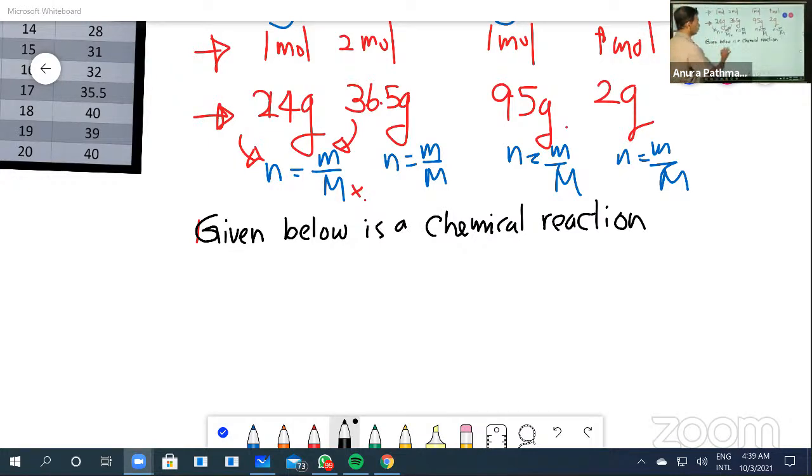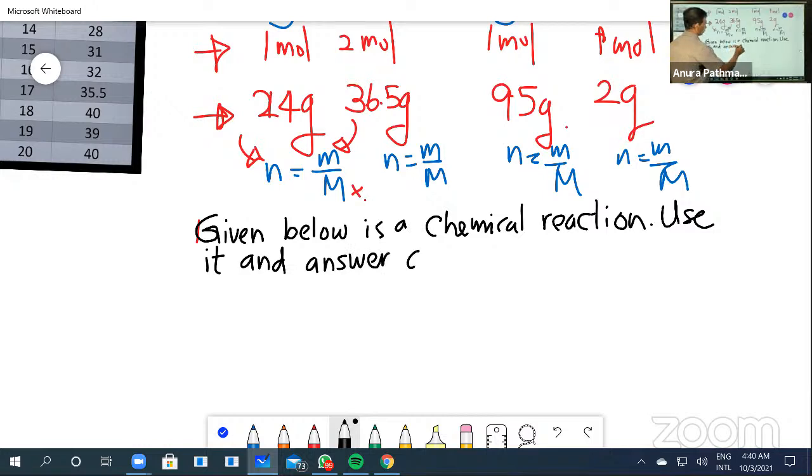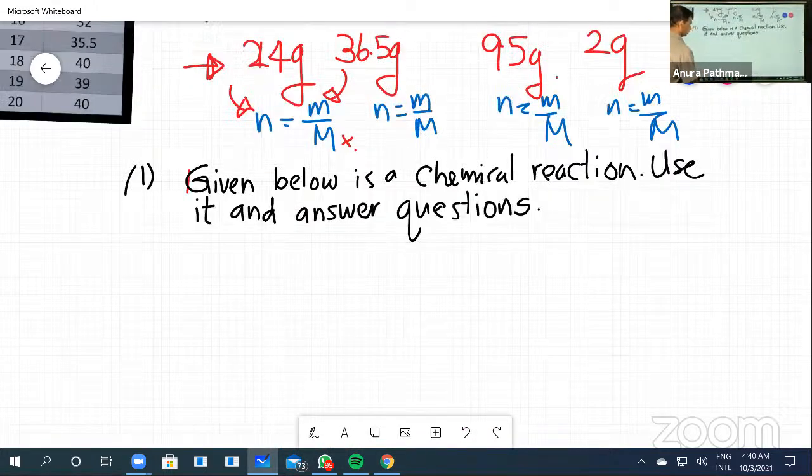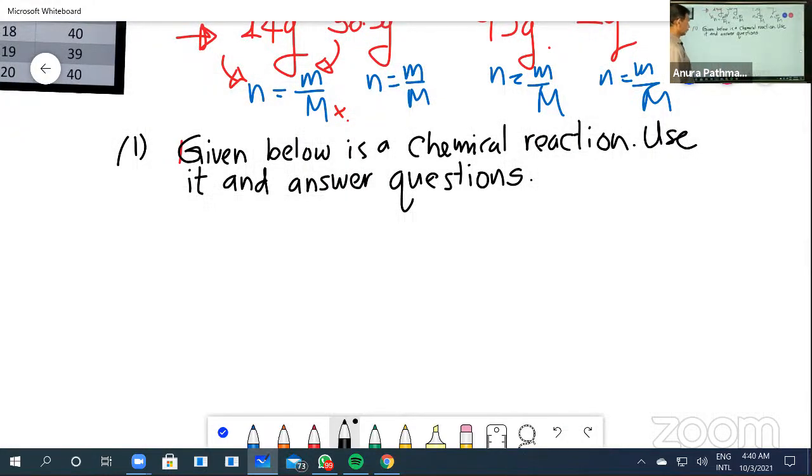Given below is a chemical reaction. Use it and answer the question. Now, this is the chemical reaction, right?